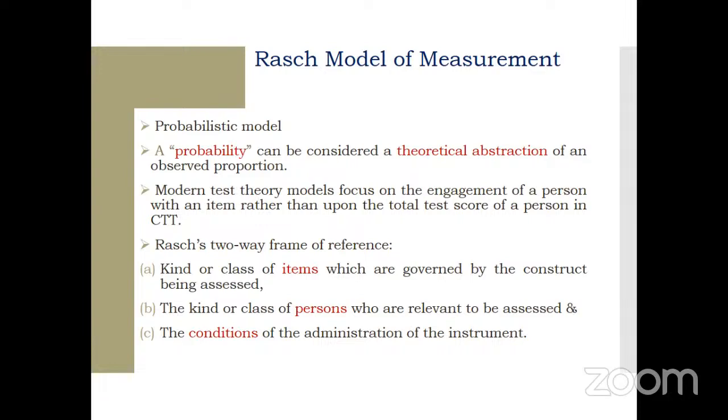Number two, the class of persons who are relevant to be assessed, whom you are actually assessing in your testing. And finally, the conditions of the administration of the instrument.